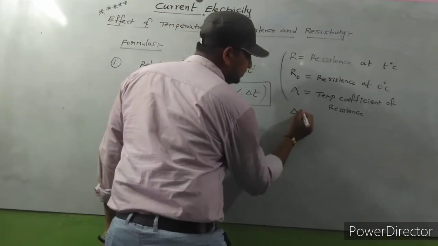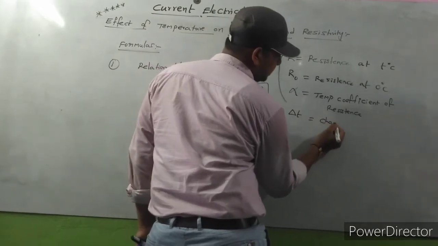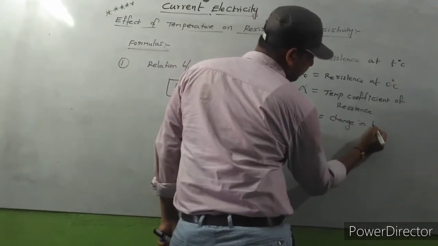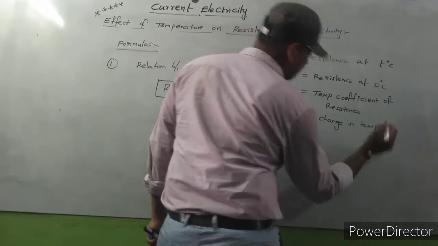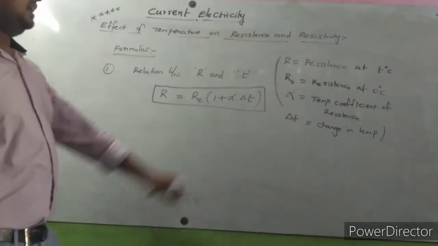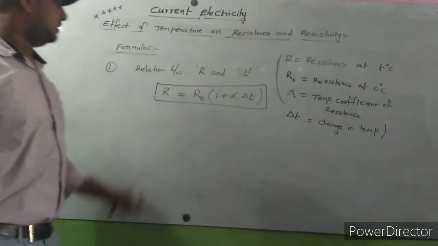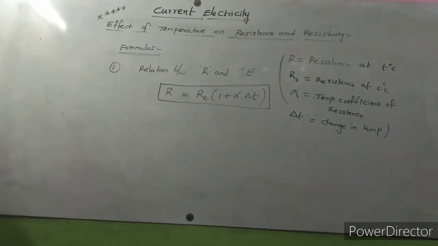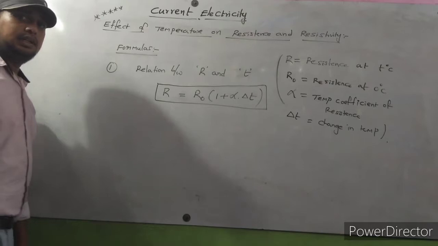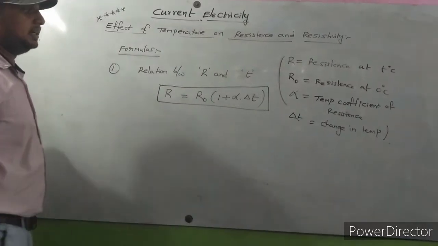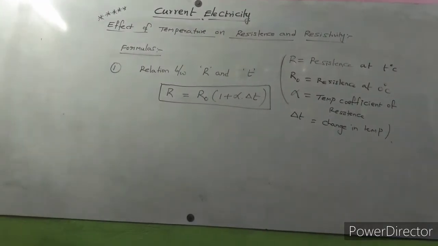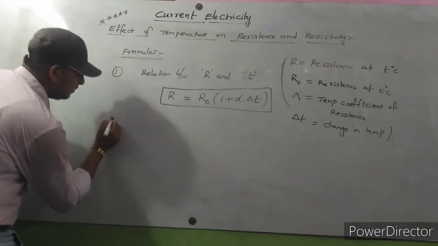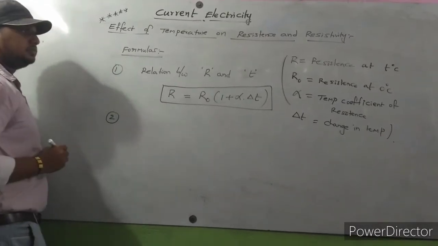Delta T means change in temperature. So if the temperature t degree Celsius is given, and resistance at 0 degree Celsius is given, the resistance finding formula is this. Delta T means change in temperature. Okay.